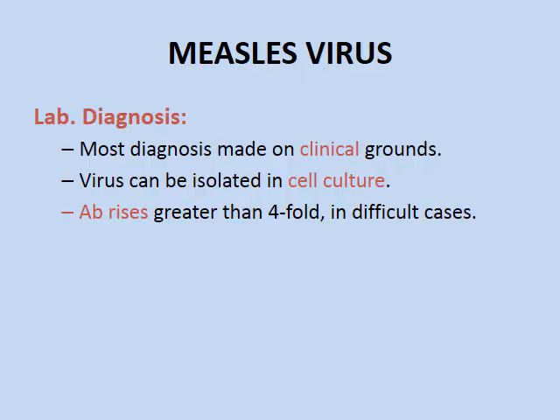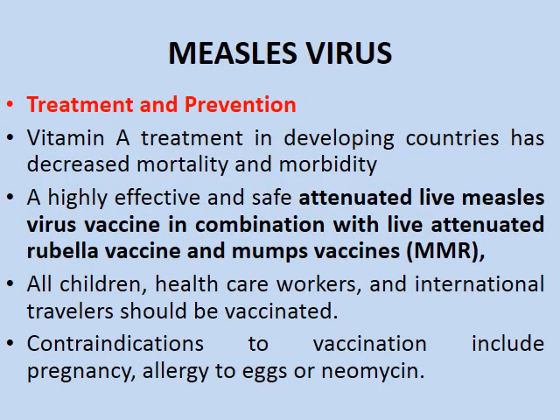Diagnosis: mainly on clinical grounds. There may be a rapid test or serological test, also an antibody rise greater than 4-fold in difficult cases, only in rare complicated cases. Treatment: there is no antiviral; vitamin A could be given, and treatment is symptomatic. Most importantly is MMR, the measles vaccine, for prevention of the disease.